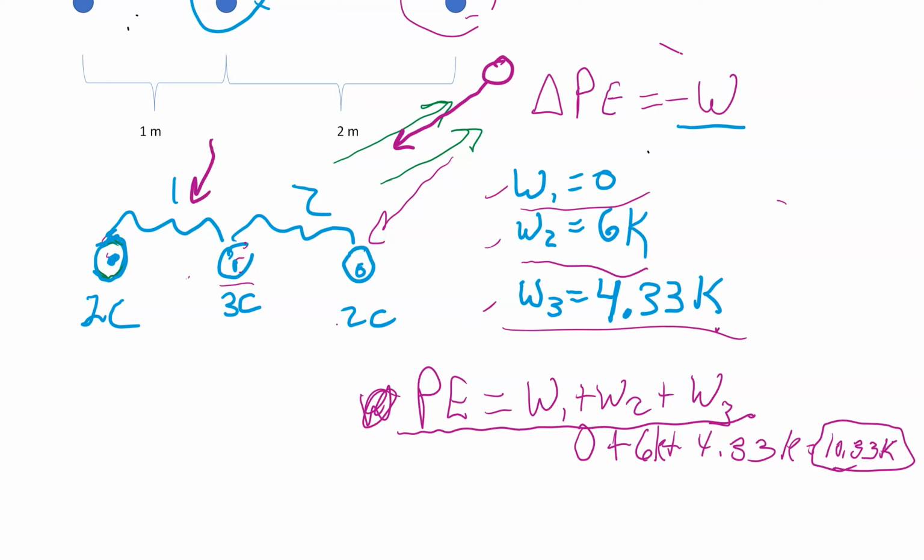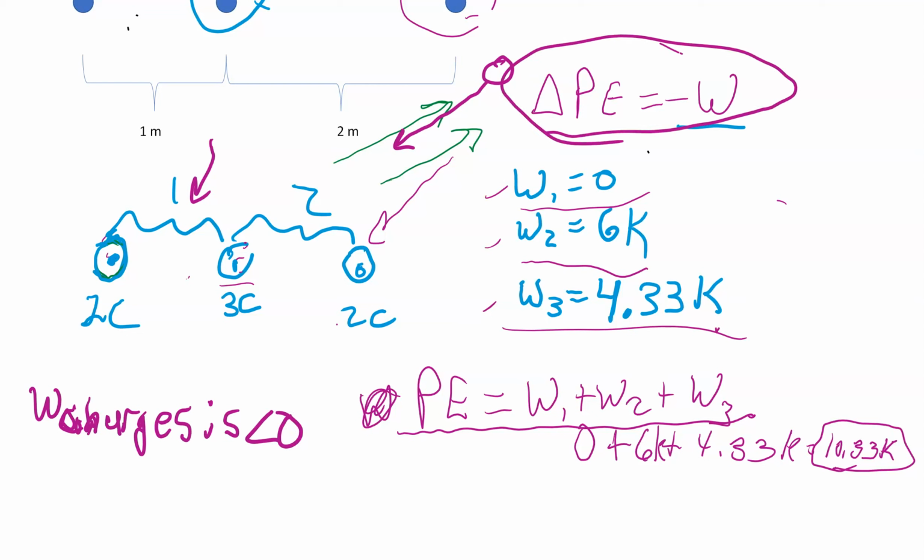The work done by the charges is less than 0. It is negative, in which case this would apply. What I've sneakily done is I've said, I don't want the work done by the charges. I want the work that I had to do in order to overcome the forces by the charges. That's the energy that I'm putting into the system.